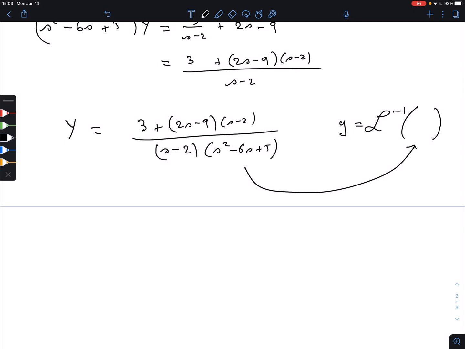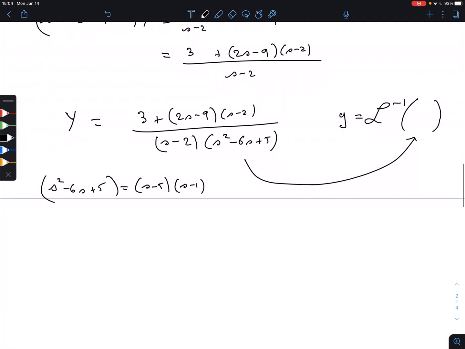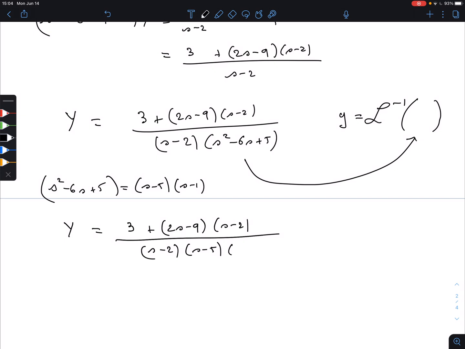To make this a partial fraction, we have to factor it completely. Is the quadratic in the denominator reducible? Yes, we can factor it: s squared minus 6s plus 5 is s minus 5 times s minus 1. So we find y is equal to 3 plus 2s minus 9, s minus 2, divided by s minus 2, s minus 5, s minus 1.